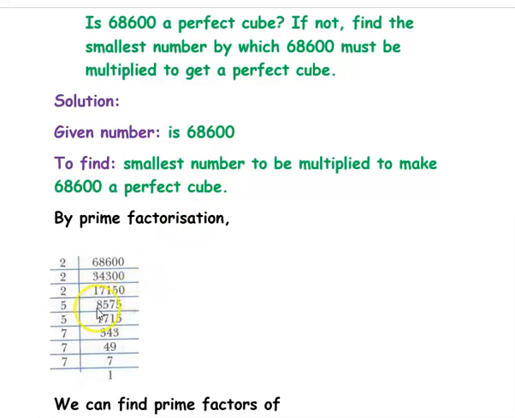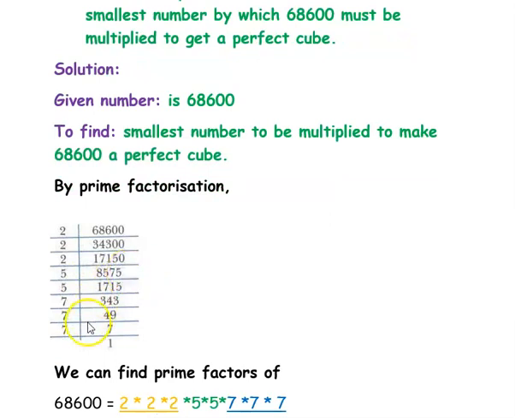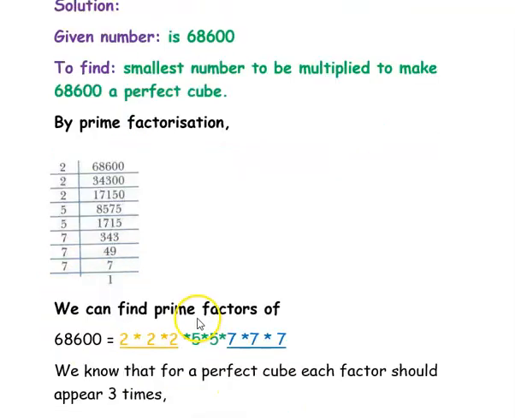We can do it by prime factorization. Here I have done prime factorization for 68,600. The prime factors of 68,600 are, we will count the number of 2's, 1, 2, 3. So 2 into 2 into 2. Now I will count 5, 1, 2. So 5 into 5. Now I will count 7, 1, 2, 3. So 7 into 7 into 7.